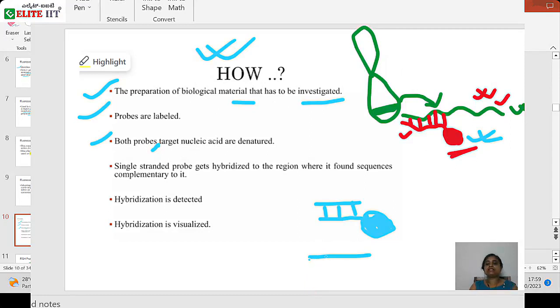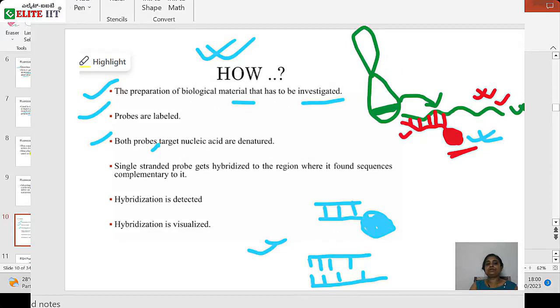Why single strand? Because in order to prepare any hybrid compound, you need single strand DNA. We are hybridizing between the probe and your gene of interest or chromosome of interest, right? So if this is the probe, denaturation is done simultaneously.